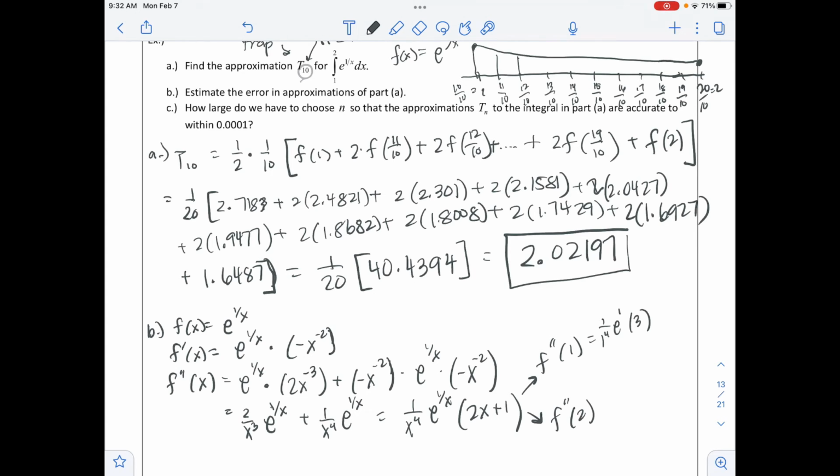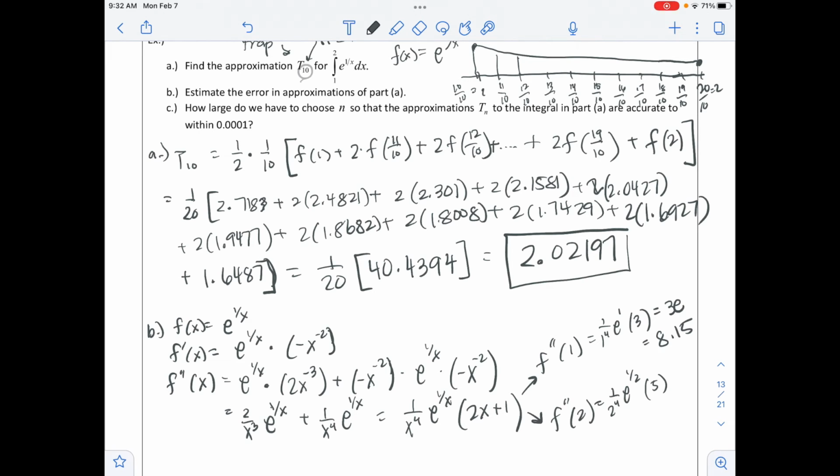And then our second one is going to be 1 over 2 to the fourth e to the 1/2 times 4 plus 1 is 5. And so working out our first one, we get 3e, which is equal to about 8.15.